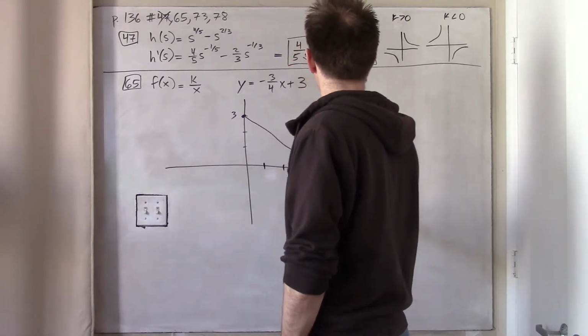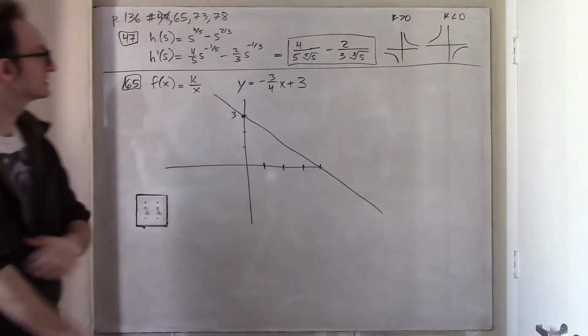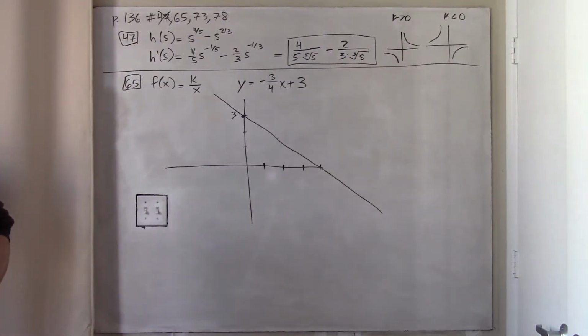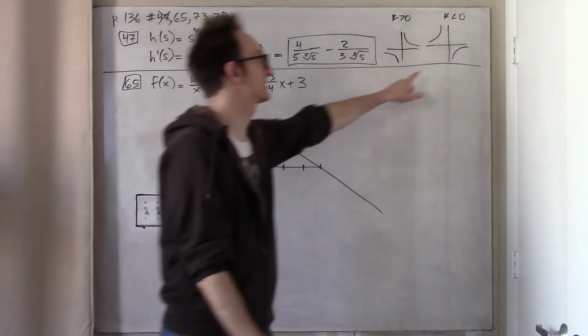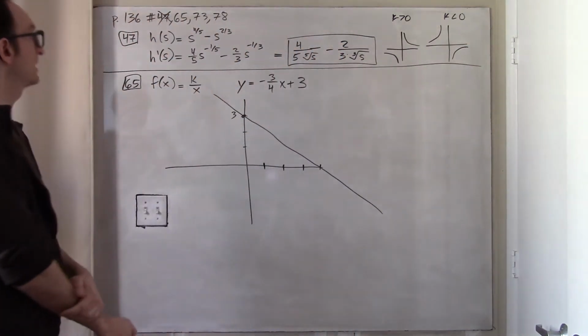So I got something that looks like that. That's my line. And I now see that this line is inconsistent with k being negative. So I think k must be positive.